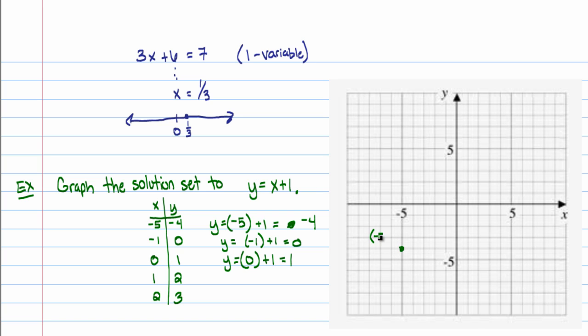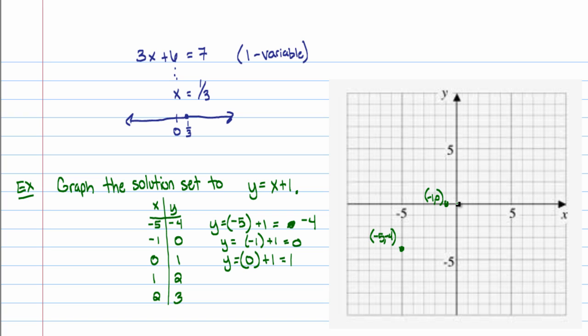I'll even label that (-5, -4). Another solution we have is (-1, 0). In other words, I go backwards 1, but I don't go anywhere in the y direction. So this is (-1, 0) right here.